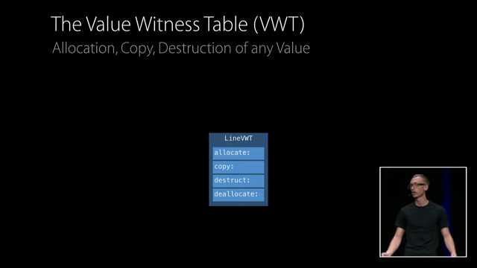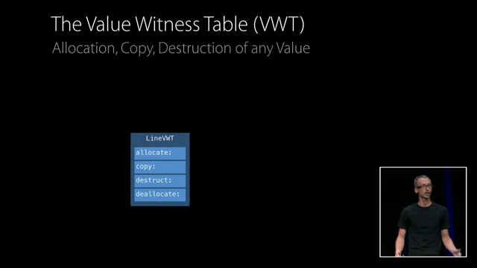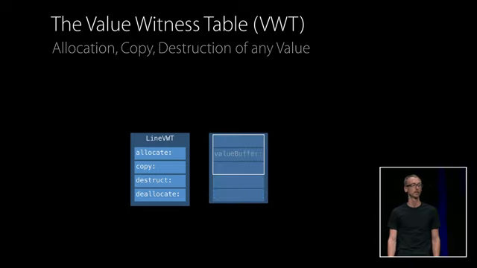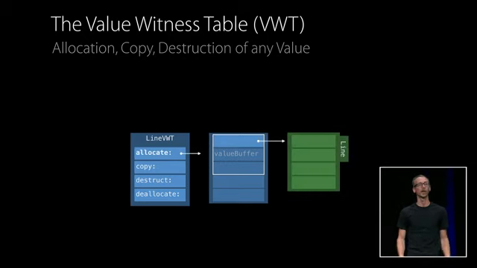Now let's take a look at the lifetime of a local variable to see how this table operates. At the beginning of the lifetime of our local variable of protocol type, Swift calls the allocate function inside of that table. This function, because we now have in this case a line value witness table, will allocate the memory on the heap and store a pointer to that memory inside of the value buffer of the existential container.